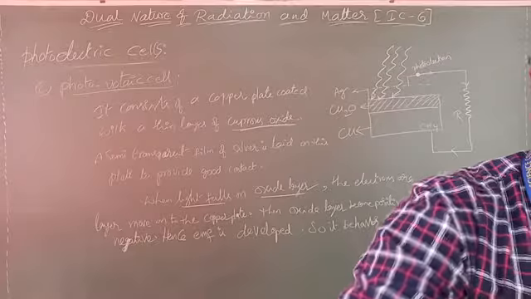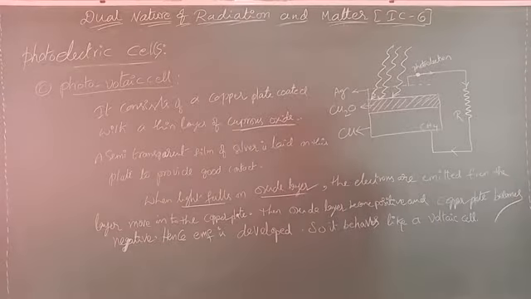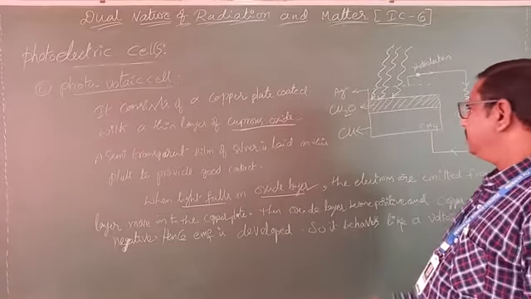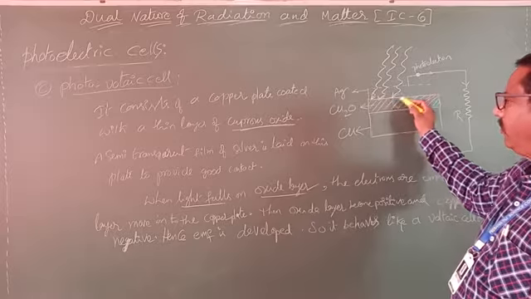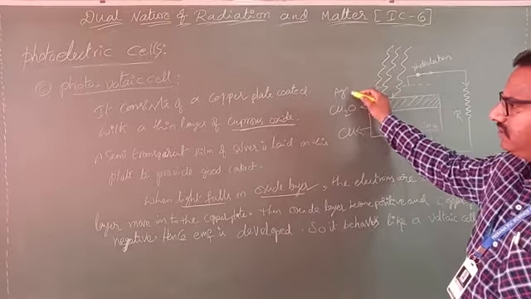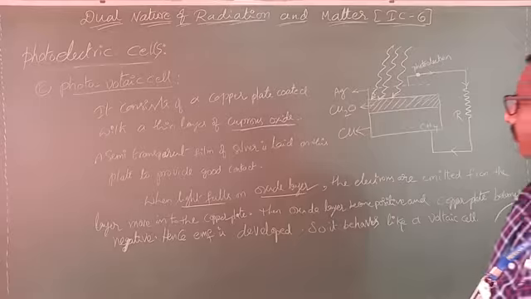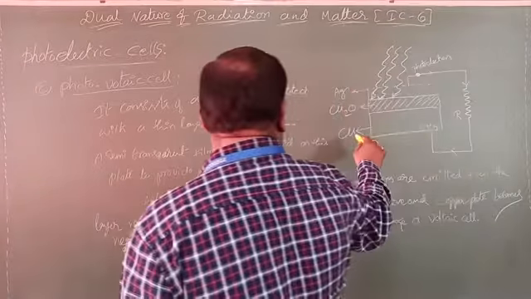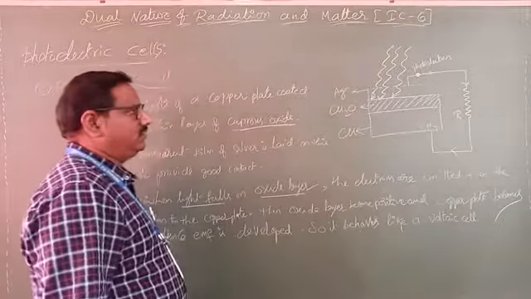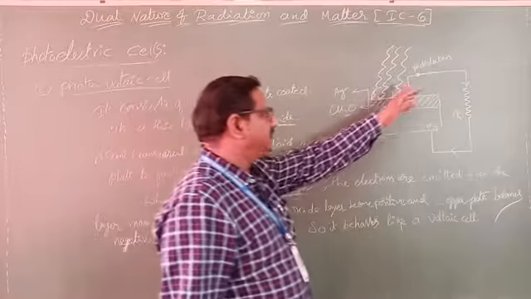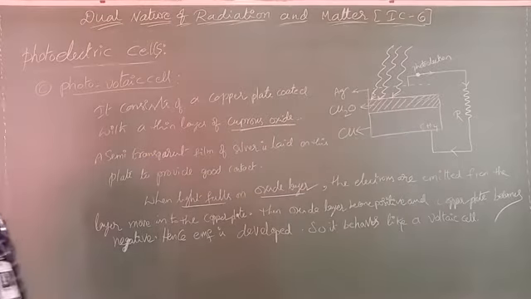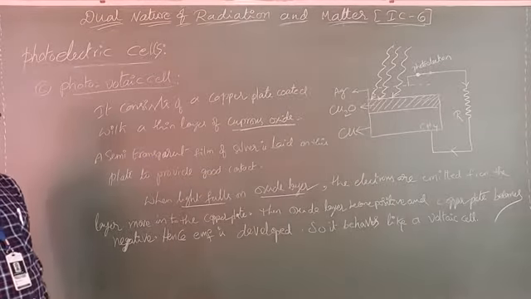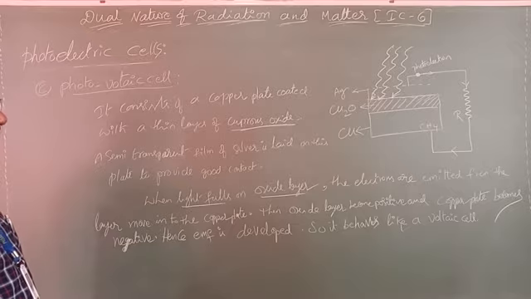Okay. Next one is, see here, the third one is the photovoltaic cell. This photovoltaic cell contains cuprous oxide with a little copper coating, all placed on a copper plate, and externally we connect one resistance in the circuit. Now, how are the photoelectrons emitted and how does the current conduct?